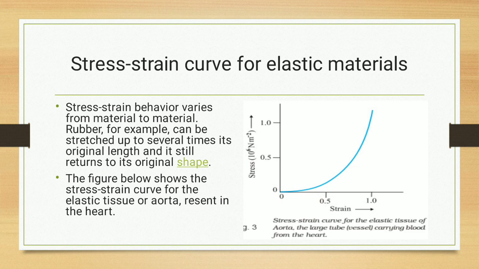That was the stress strain diagram for a ductile material. Now we are going to see the stress strain curve for an elastic material. Stress strain behavior varies from material to material. Rubber, for example, can be stretched up to several times its original length and still returns to its original shape.